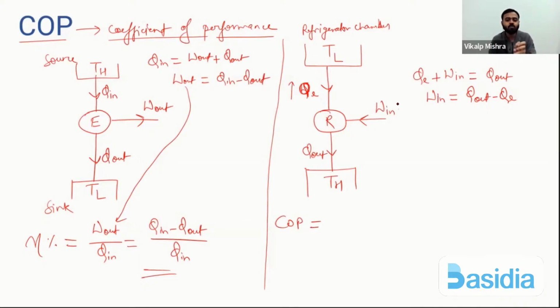We want to give less work to the refrigerator and extract more heat. So what will be the COP of the refrigerator? That will be heat extracted QE divided by WIN.